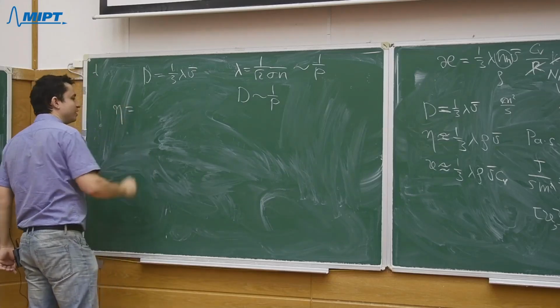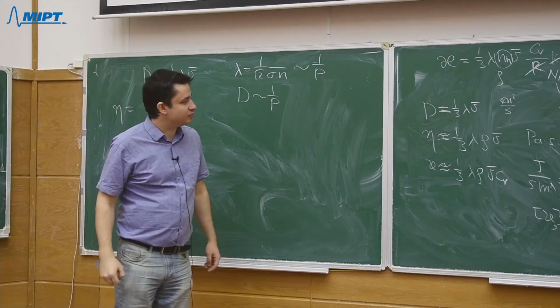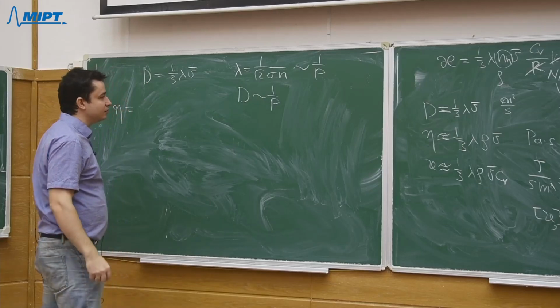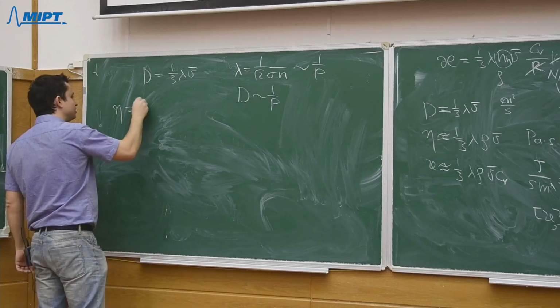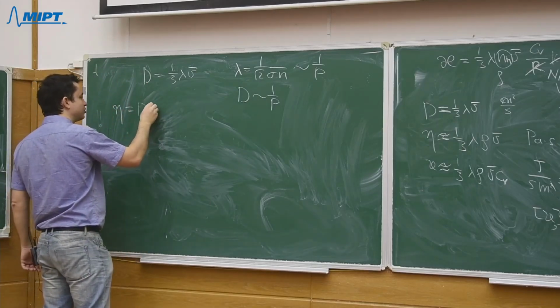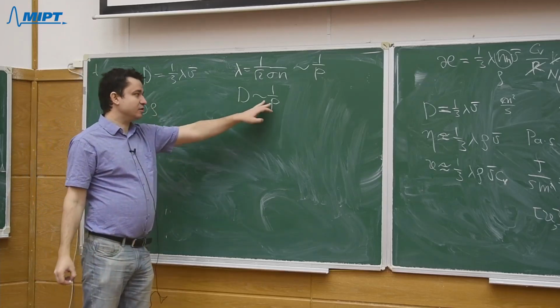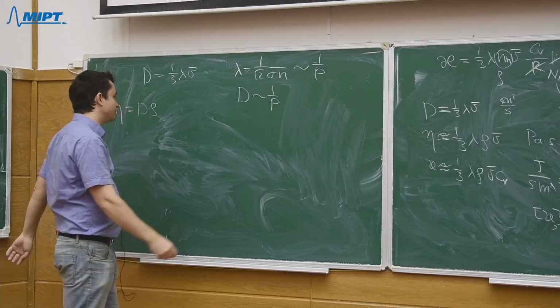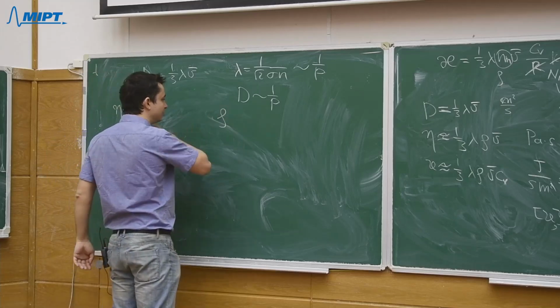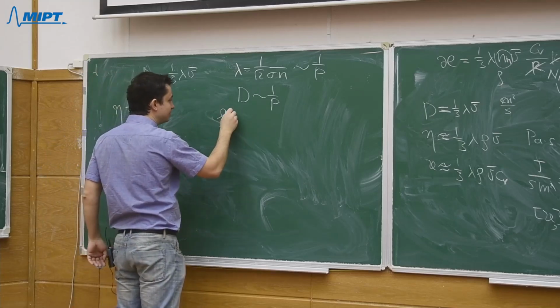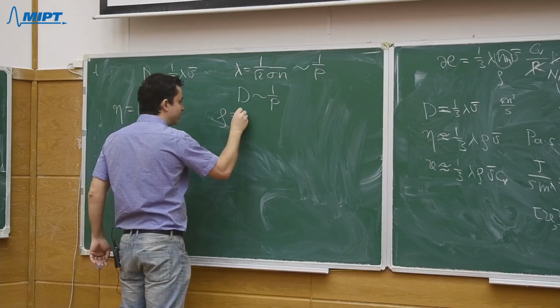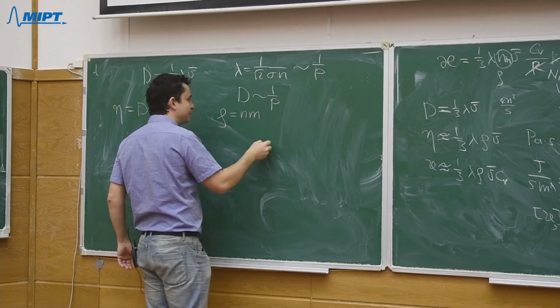If we compare the equations for the viscosity coefficient and the diffusion, you will see that I can write that the viscosity coefficient is the product of the diffusion times the density. The diffusion coefficient is inversely proportional to pressure, while the density goes the other way. The density is equal to n times m, where n is the number density.